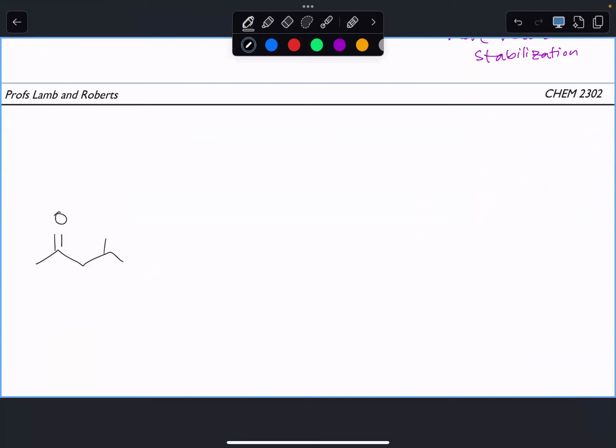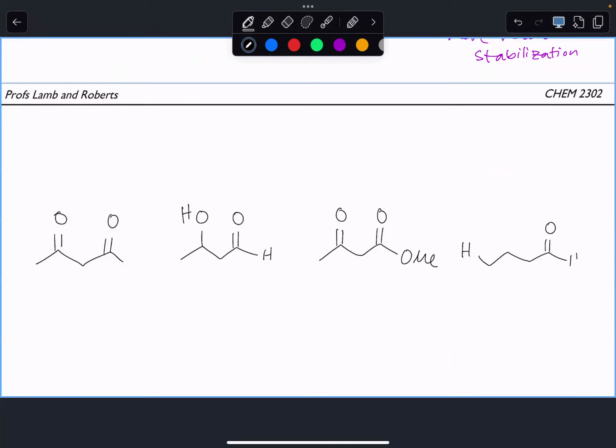We had a diketone, we had an aldehyde and an alcohol, we had a ketone and an ester, and then we had 2 aldehydes. Okay, we're going to highlight the red proton in all cases, like so.